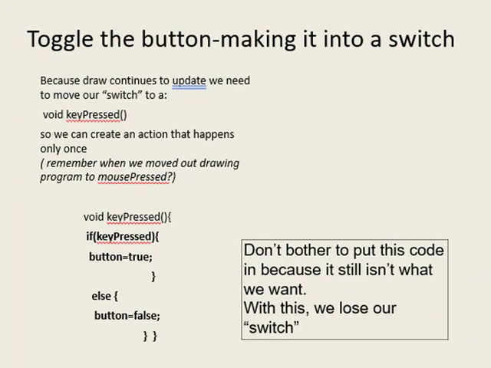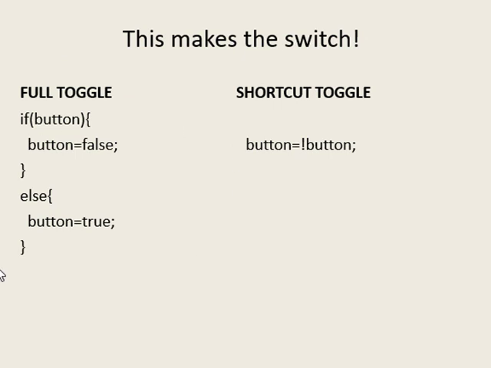So we have a little bit more work to do. The toggle, and now don't bother to write this code in, but let's talk about it. What we need to do is create a toggle. So we're basically saying if the key is pressed, the button equals true, else the button equals false. If we were fully writing it out, we would use that, but there's a shortcut, and here's that haiku. And this is just weird to understand.